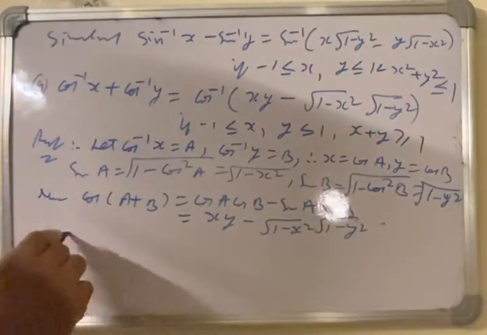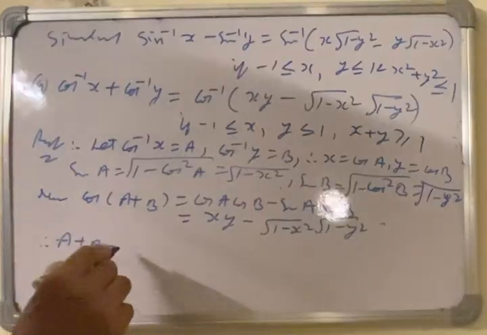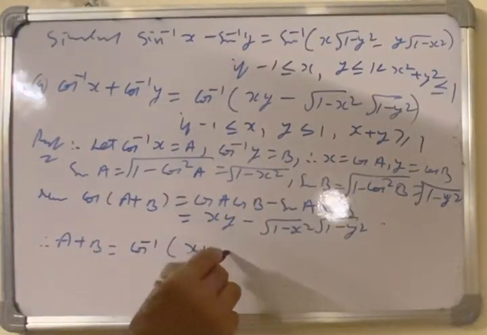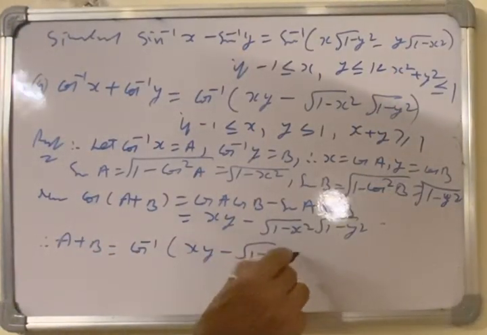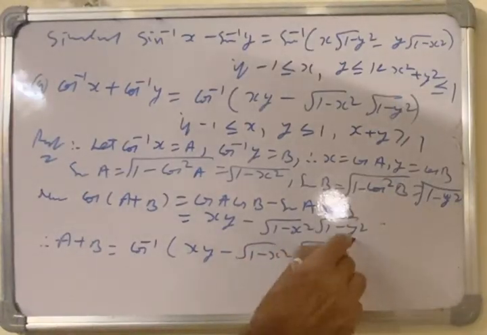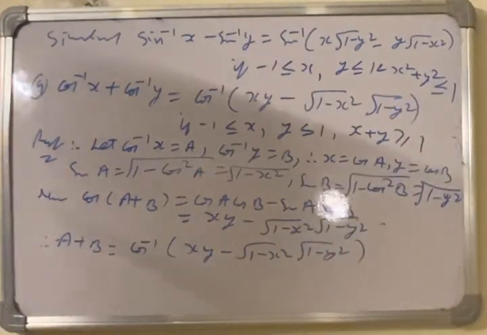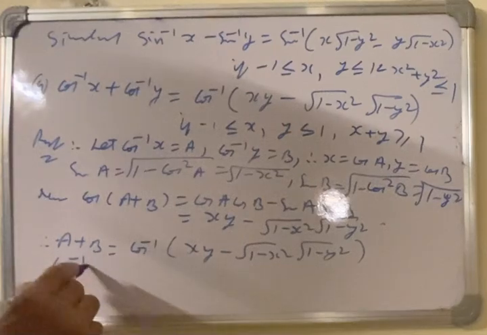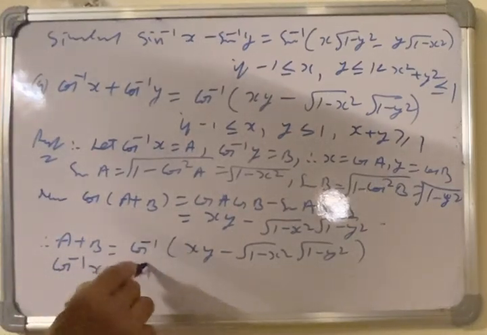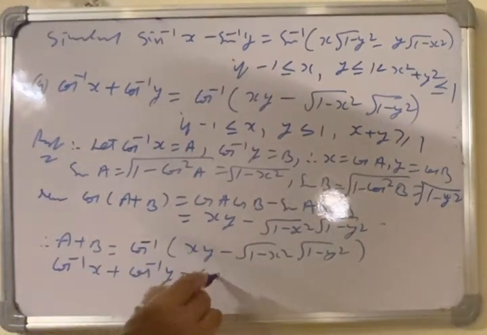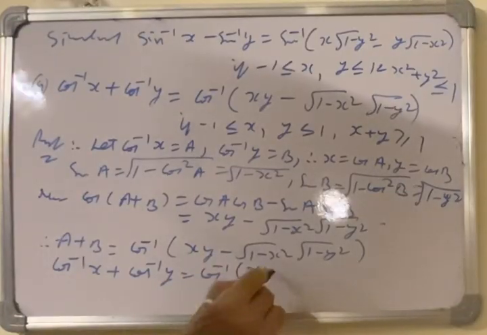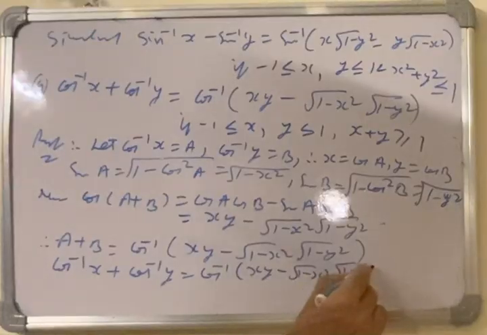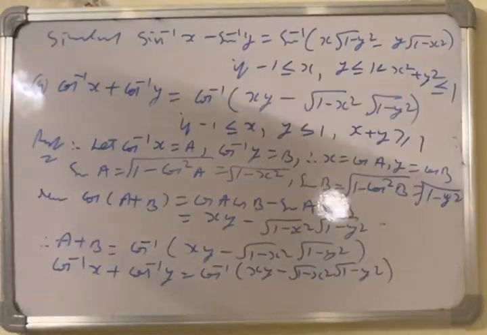Therefore, A plus B is cos inverse bracket xy minus square root of 1 minus x square into square root of 1 minus y square. By putting value of A and B, cos inverse x plus cos inverse y is equal to cos inverse xy minus square root of 1 minus x square into square root of 1 minus y square.